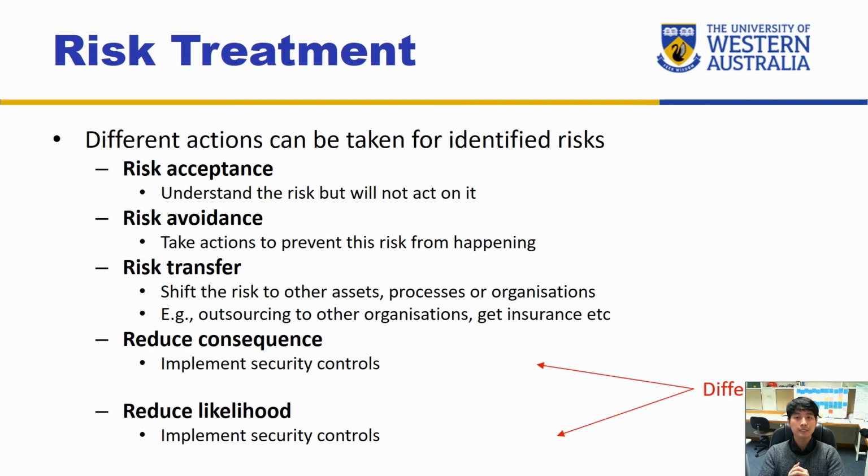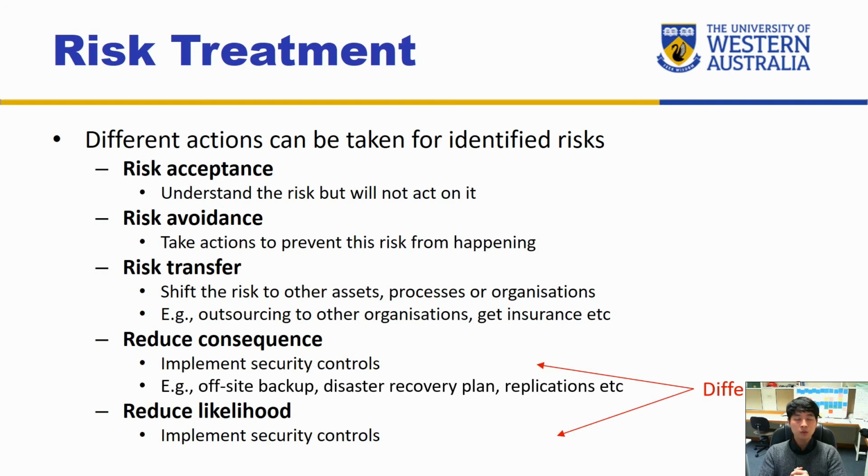What's the difference? You can pause the video here and have a think. Okay, so if you have thought about it, in terms of reducing the consequence, that's more to do with what happens as a result of an attack.